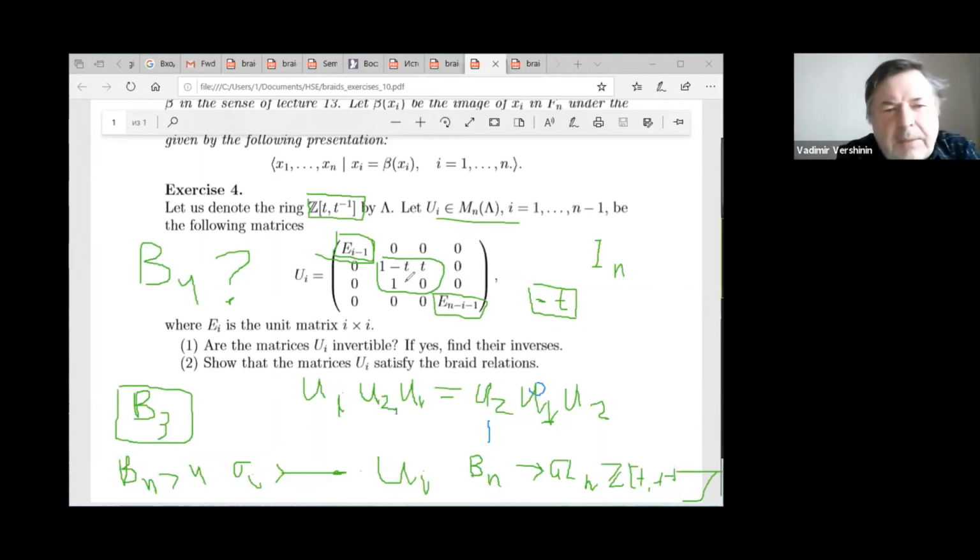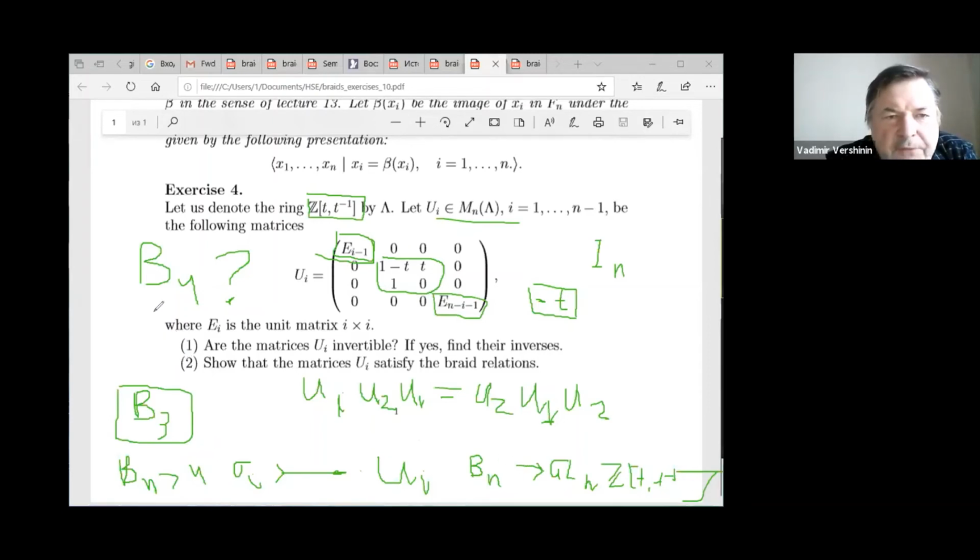But it became not so interesting a question because another homomorphism was defined into another, bigger ring of matrices with more parameters, and for the braid groups there is an injection, but not for this one exactly.